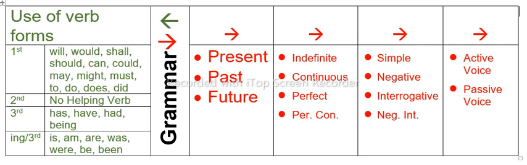Now, second form. Second form, no helping verb. It is always used directly. You can say past indefinite type sentence. I'm sure that you are an English teacher, that is why you are taking interest in grammar. Otherwise, mostly people don't listen to this. So it's a good thing, good addition.